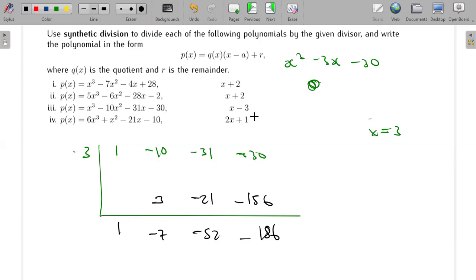And of course, we're going to write it in the form. Now, you understand how we write it in that form.